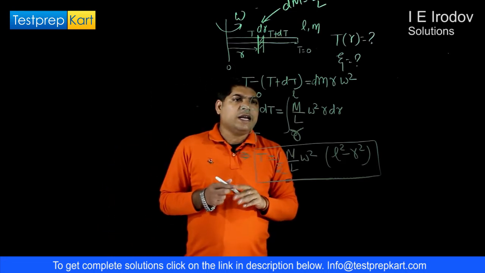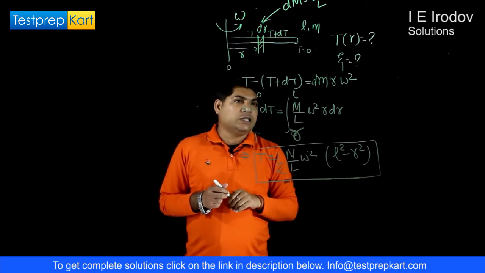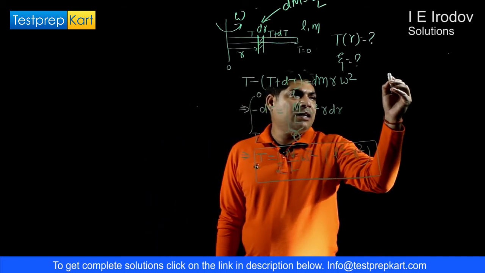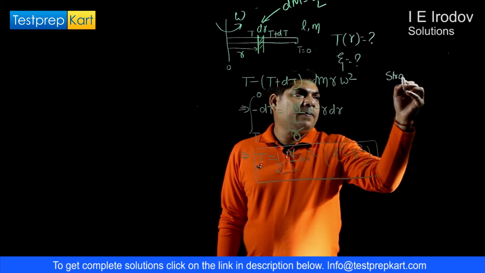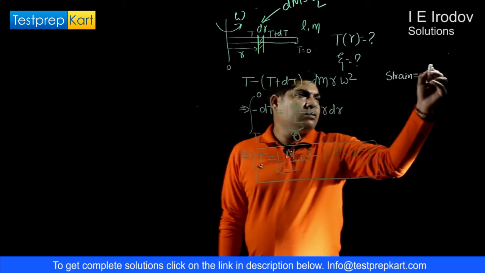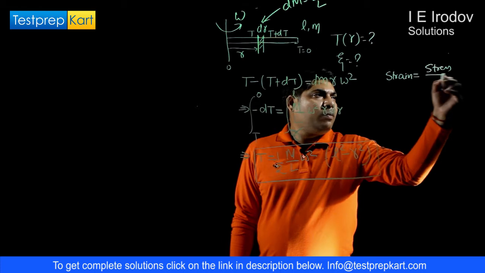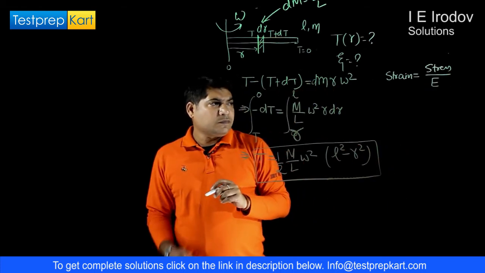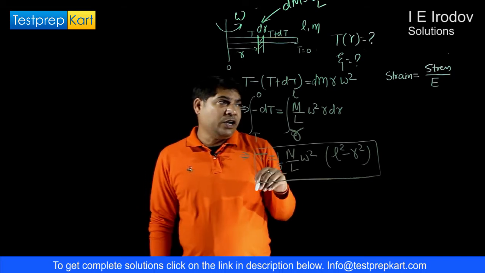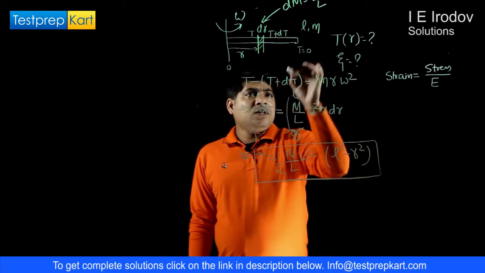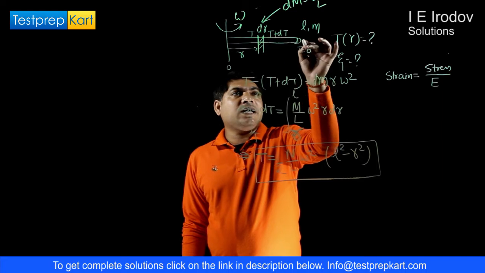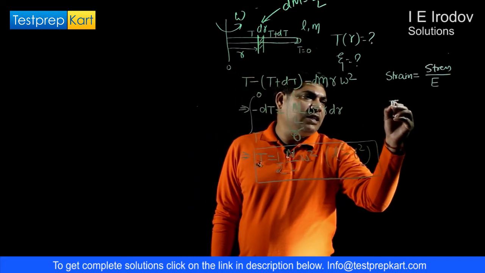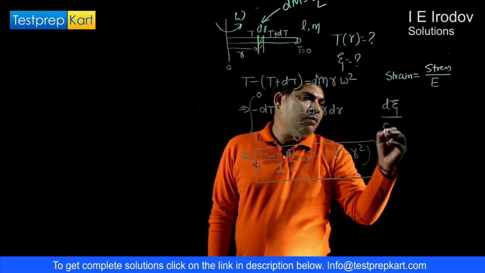Now our next point is to find the elongation. For elongation we can apply the concept that strain is equal to stress upon the coefficient of elasticity. If we assume the cross section of this rod is S, then the strain is change in length upon original length.